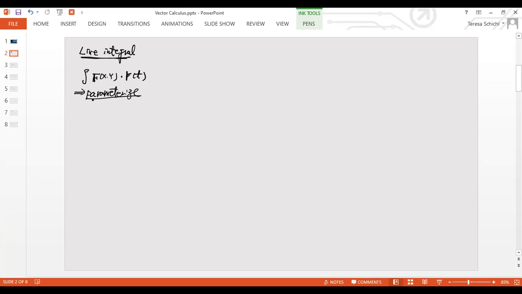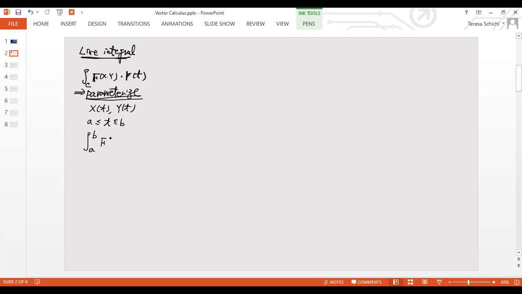That means we parameterize your variables: x is a function of t and y is a function of t. So if you integrate over C, you change this path to a single variable, where of course t is from a to b.